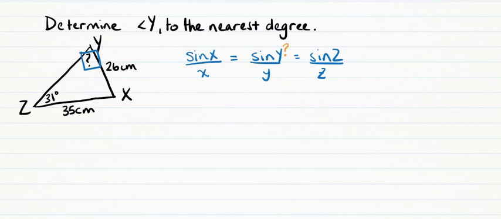Okay. We are given information about the side that's opposite to angle y, so that's side length y. We know that one. We're also given angle z, so we know what sine z is, and the side length opposite that angle, which is side length z. So in this case, we don't have any information about x at all.